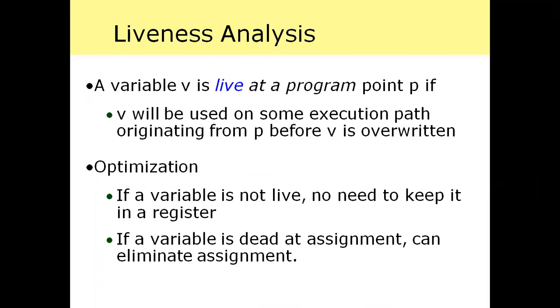A variable x is live at some point p if there is a path from p to exit along which the value of x is used before it is redefined, then we can say that it is a live variable. Otherwise, it is said to be dead at that point. Is it clear?